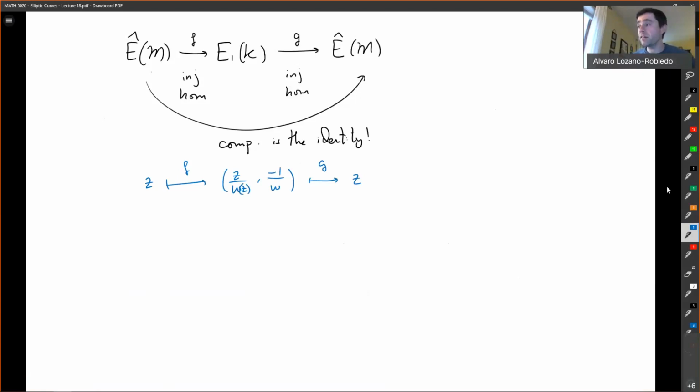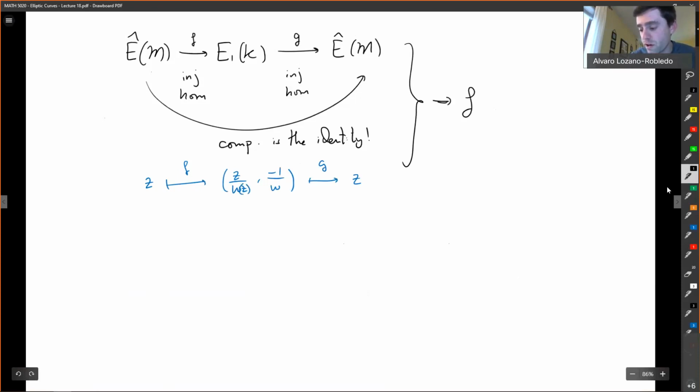So it is identity, and therefore the composition must be an isomorphism. So each one of F and G is an isomorphism. And that's what we wanted to prove.